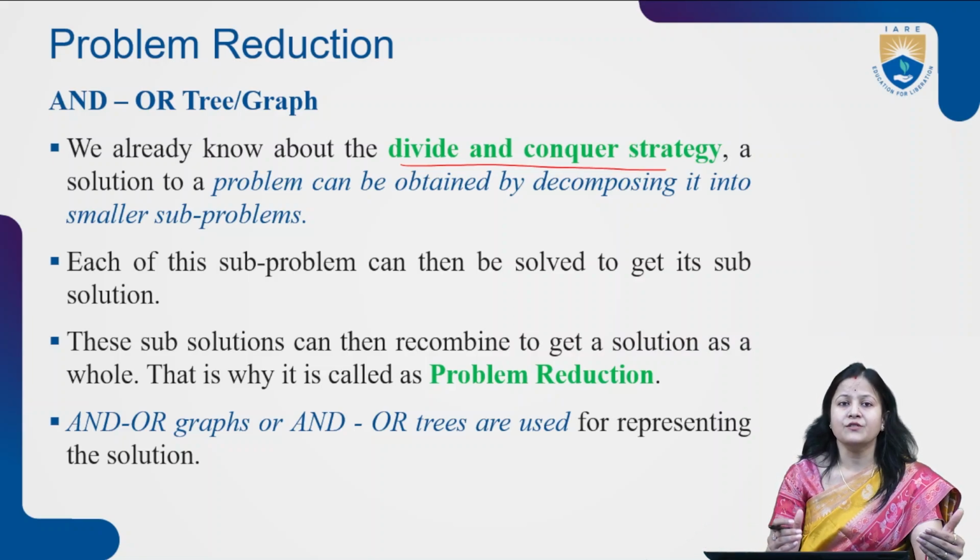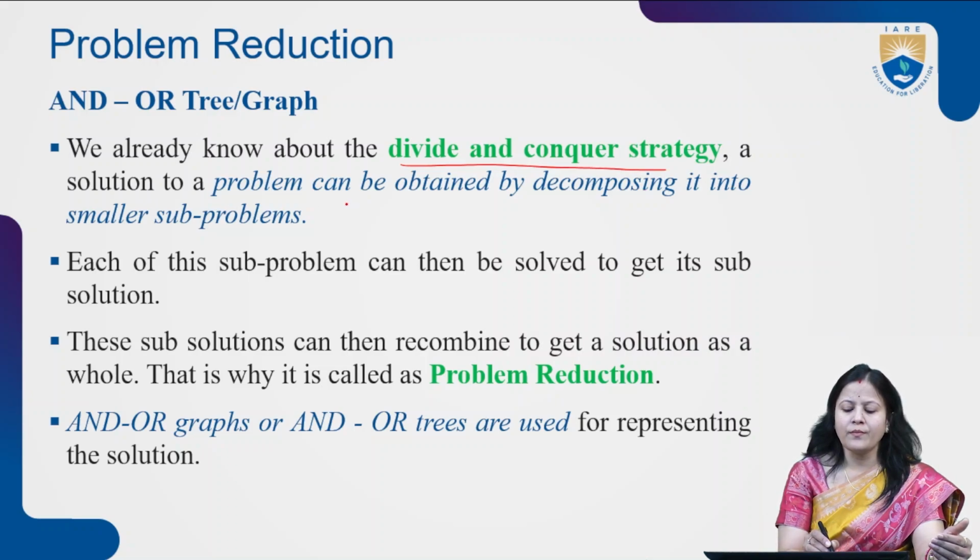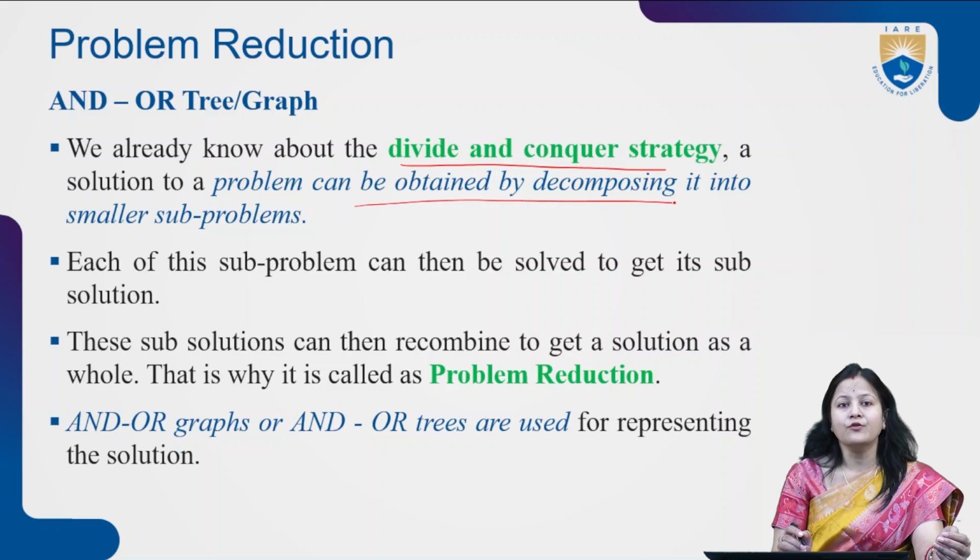Here the solution to a problem can be obtained by decomposing it into smaller sub-problems, and each sub-problem can then be solved to get its sub-solutions, and these sub-solutions can then be recombined to get a final solution as a whole. That is why it is called problem reduction.